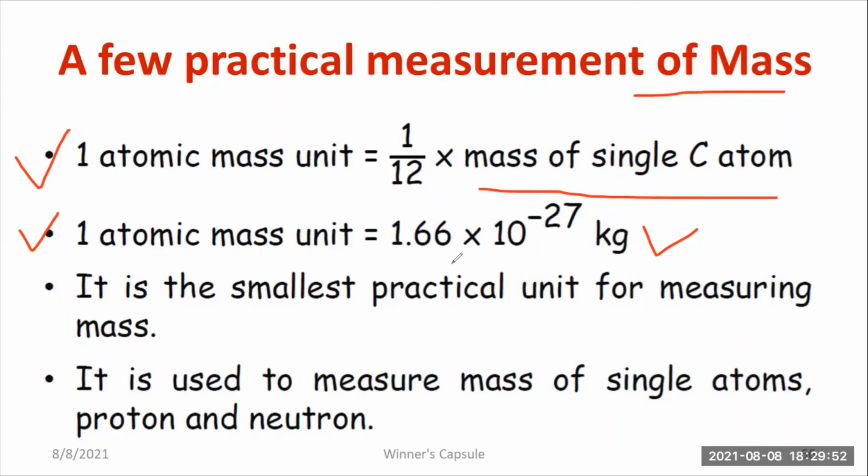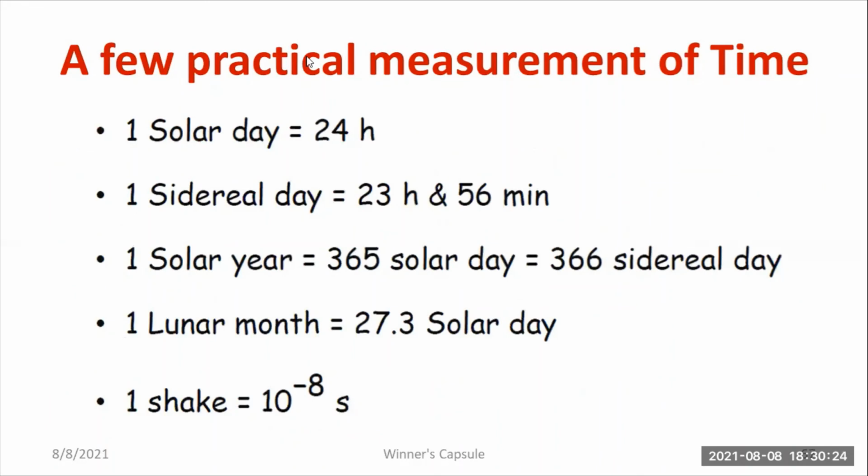It is the smallest practical unit of measuring mass, while the largest is the Chandrasekhar limit. The smallest practical unit of measuring mass is AMU. It is used to measure the mass of a single atom, proton, neutron, etc. If you want to study nanotechnology, this will really help you out, and also in some parts of chemistry.